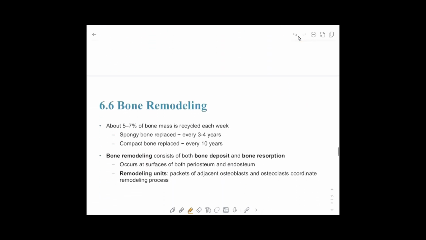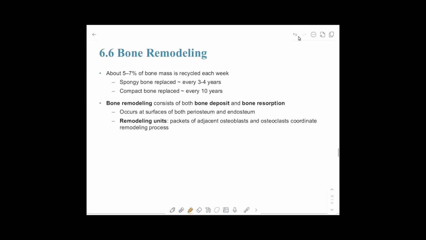So when we consider bone remodeling, I want you to remember that about 5 to 7% of bone mass is recycled each week, which is pretty amazing. So after every several years, a bone is going to be replaced. Spongy bone is replaced faster, every 3 to 4 years, and compact bone can take up to 10 years.